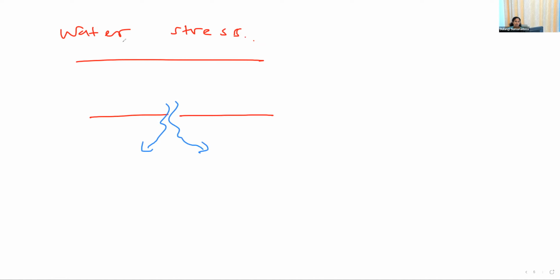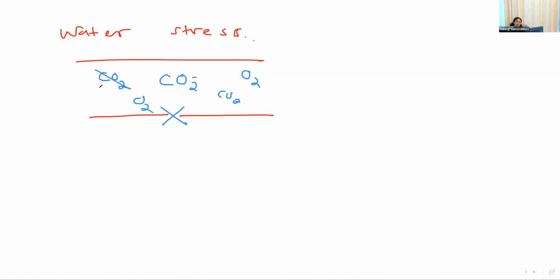Right? So if the amount of water inside the plant is decreasing, they need to close their stomata. Because of the water stress, they might need to close their stomata. So this is going to limit the amount of carbon dioxide needed for photosynthesis.